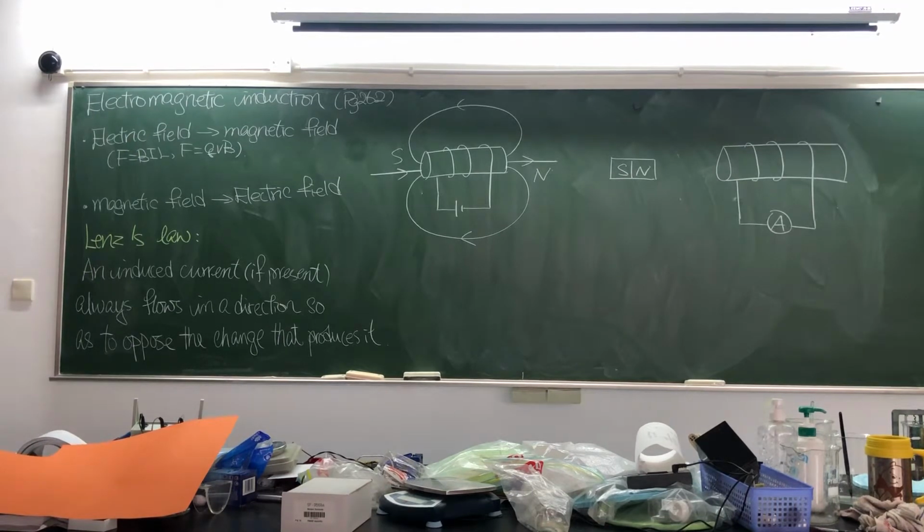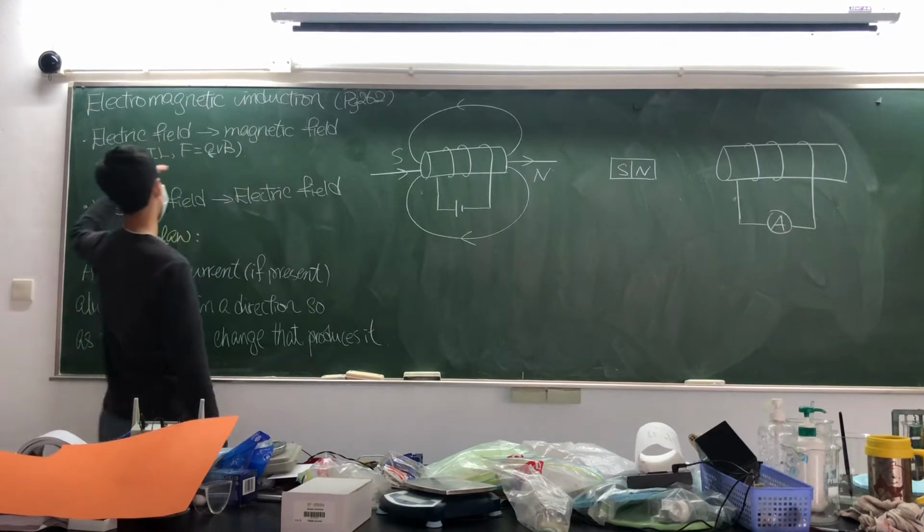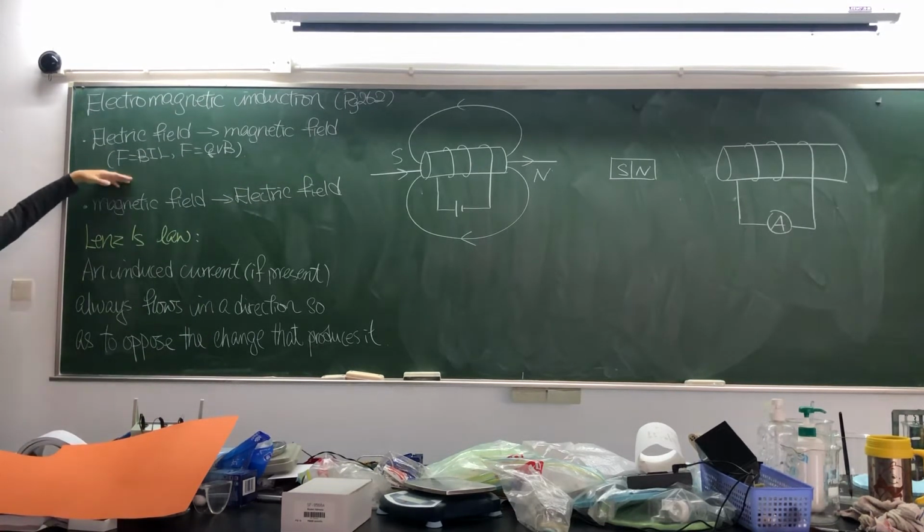Last semester, we talked about how to use electricity to generate the magnetic field or the magnetic force, like F equals qvB. If you put a current into a magnetic field, you have a magnetic force.